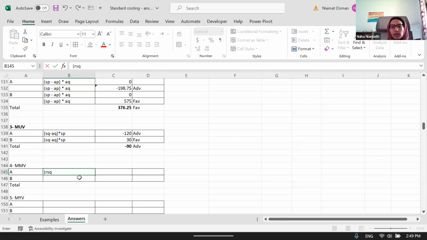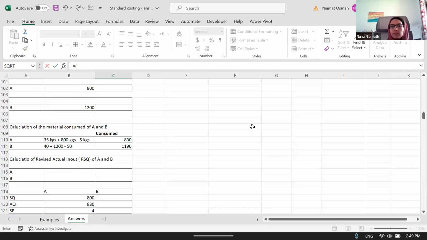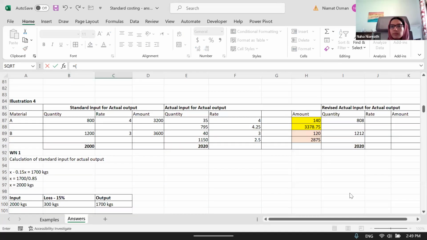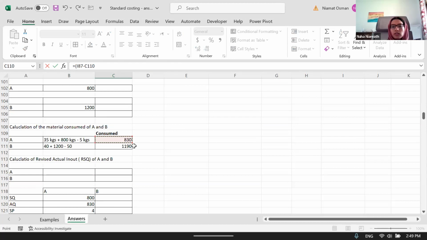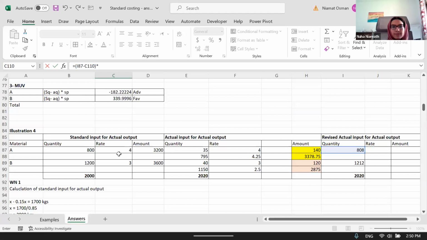So RSQ minus AQ at AP or SP? Perfect. So what is our RSQ here? We have found it to be 808 minus our actual 830 into SP 4.